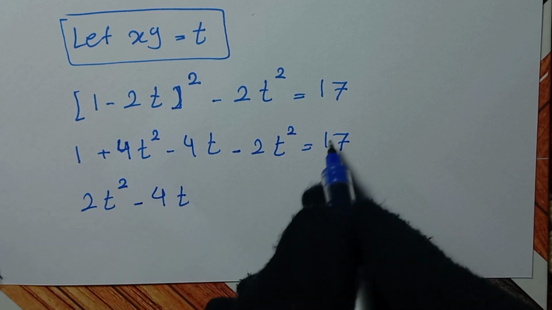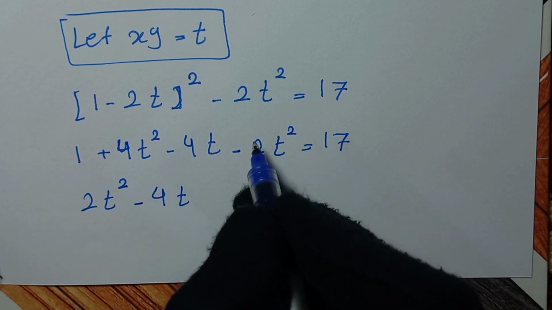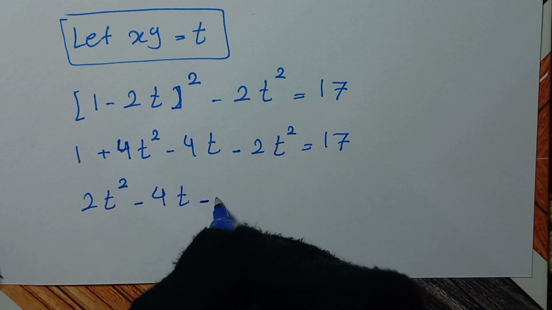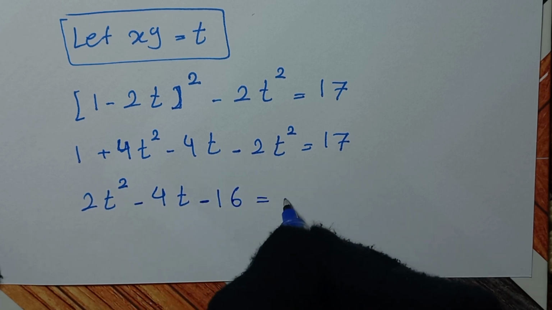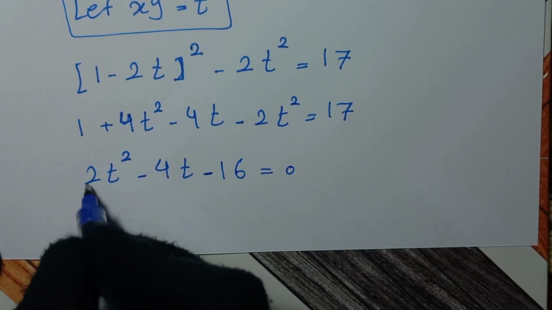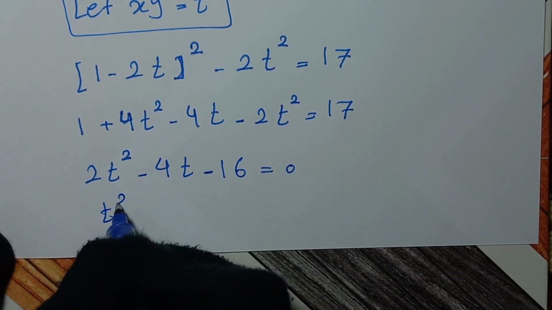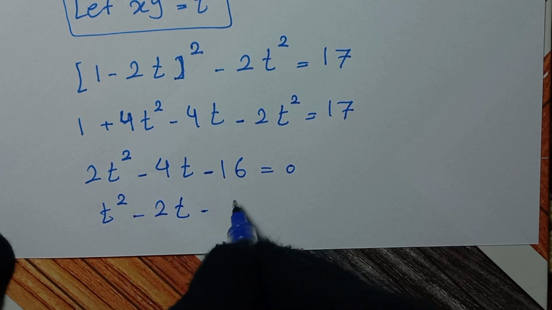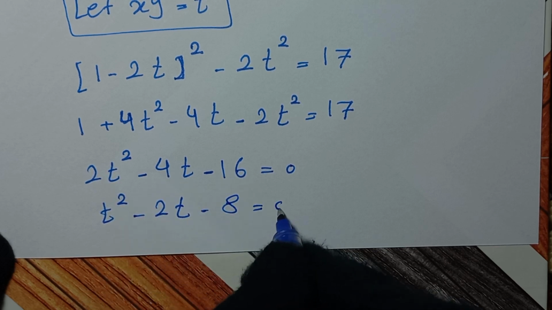And here we have 1, we take this 17 to this side, so it will be negative 17. So 1 minus 17, it will be negative 16 is equal to 0. And here we divide both sides of this equation by 2, so it will be t squared minus 2t, and minus 8 is equal to 0.